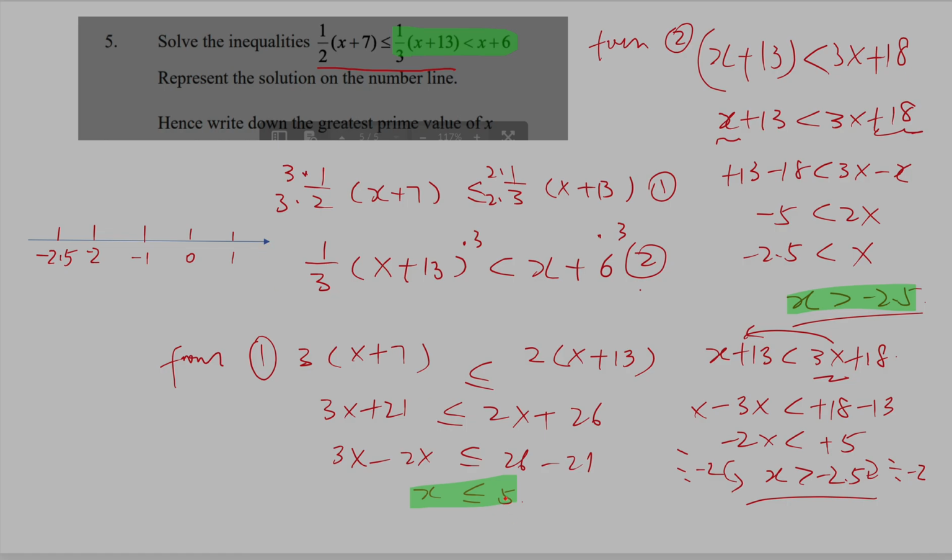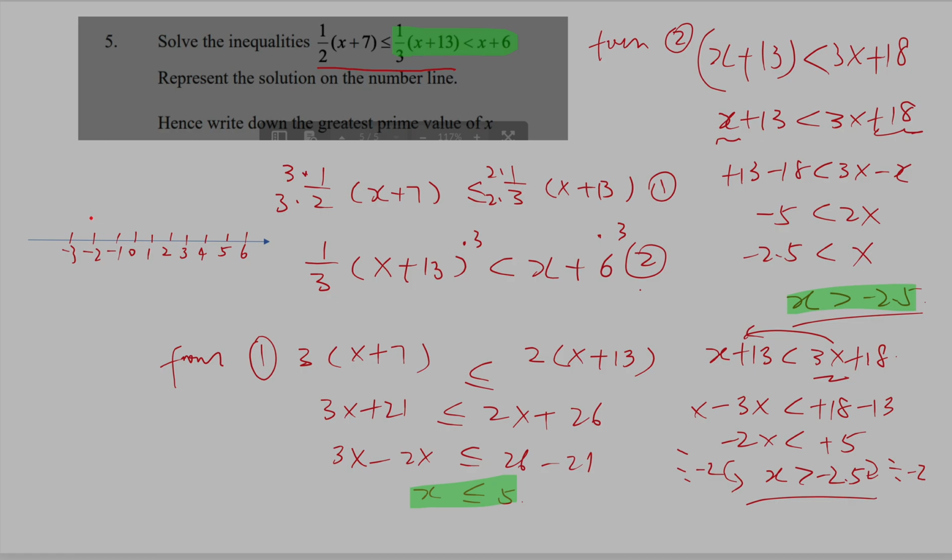It seems like I need the 5 too. I need to be more careful with my labeling because I probably run out of space. Then negative 1, negative 2, negative 3. So negative 2.5 is here.